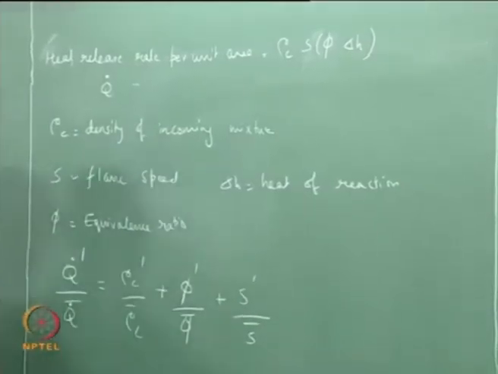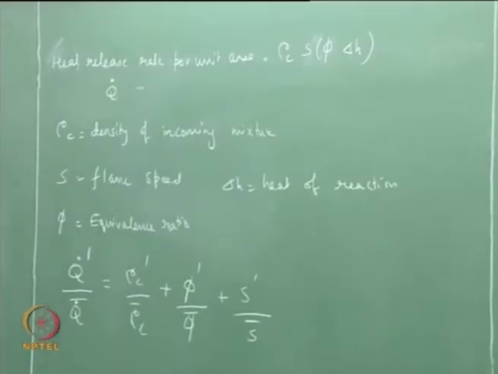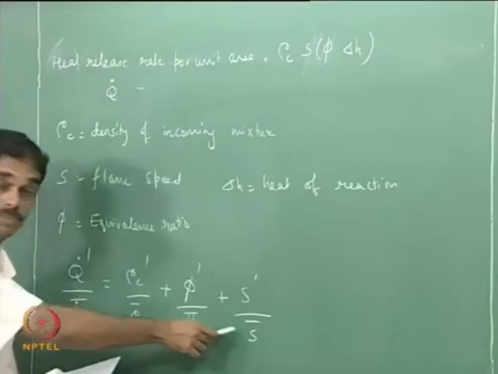So if you are talking about a linear system, q dot prime by q dot bar is rho c prime by rho c bar plus phi prime by phi bar plus s prime by s bar.